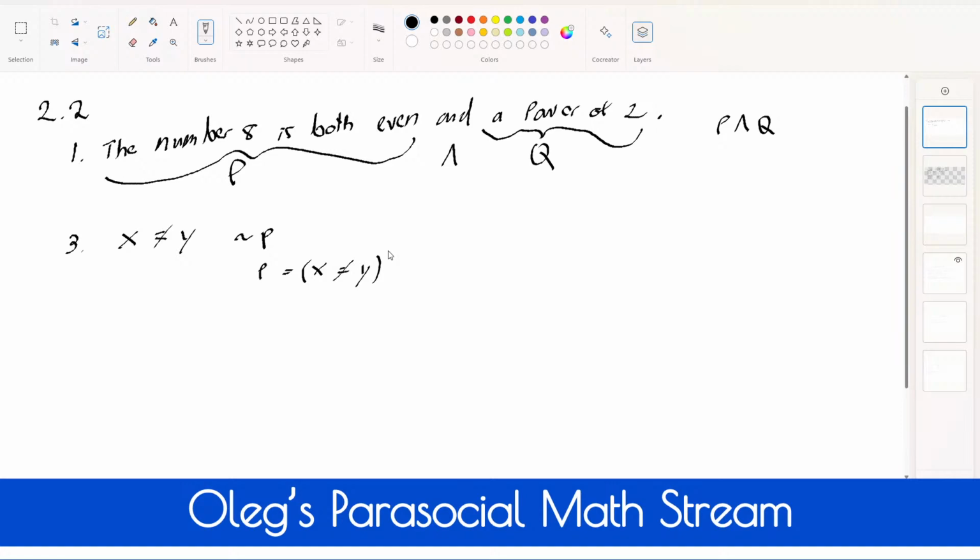Maybe equals is the wrong term. We usually give it an assignment, either a member of, or we're going to say like this.